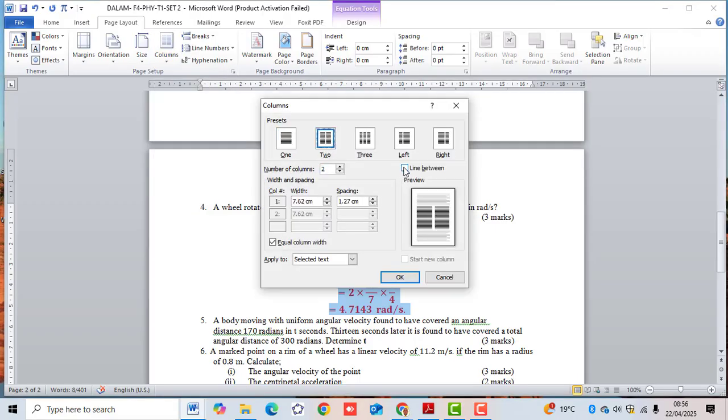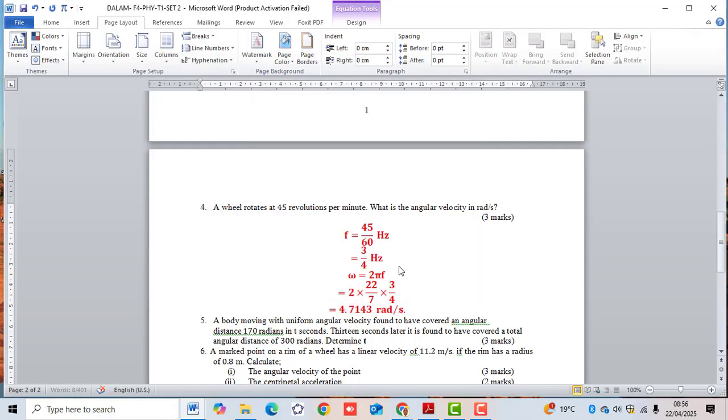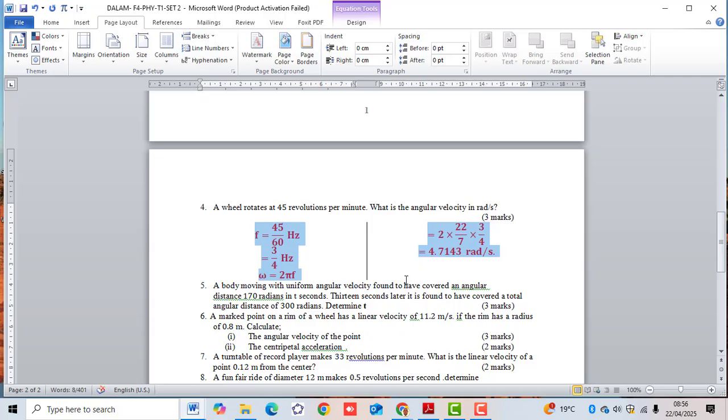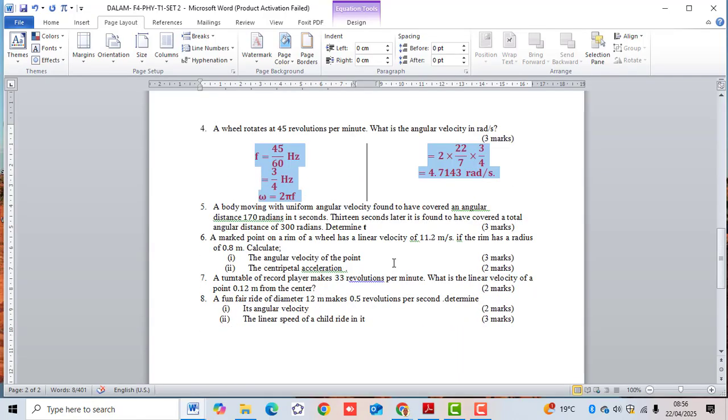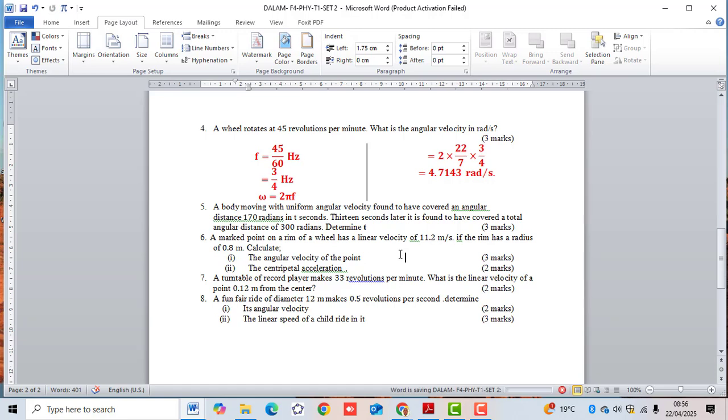So that's how you are to work out that question that we did in our previous exam on Friday. Good, we continue. A body moving with uniform angular velocity is found to have covered an angular distance of 170 radians in t seconds. 13 seconds later, it is found to have covered a total angular distance of 300 radians.